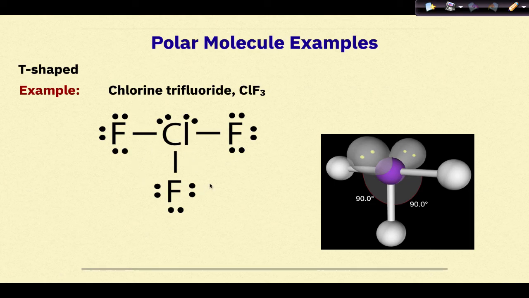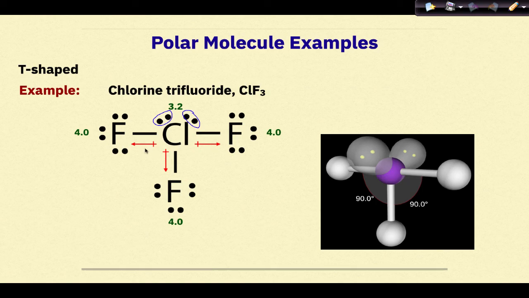When we look at this molecule, we can see the central atom of chlorine with the same three terminal atoms of fluorine and the lone pairs here and here on our central atom. So the next thing we're going to do is assign our electronegativity values. So fluorine is 4, 4, and 4, and chlorine is 3.2. Then we'll see that our bonds are polar covalent and assign polarity arrows going from the less electronegative to the more electronegative.